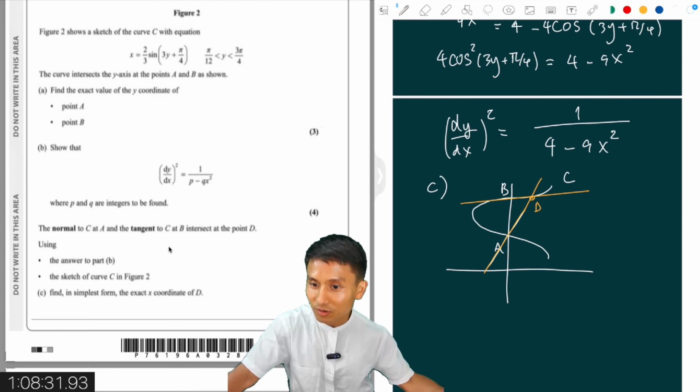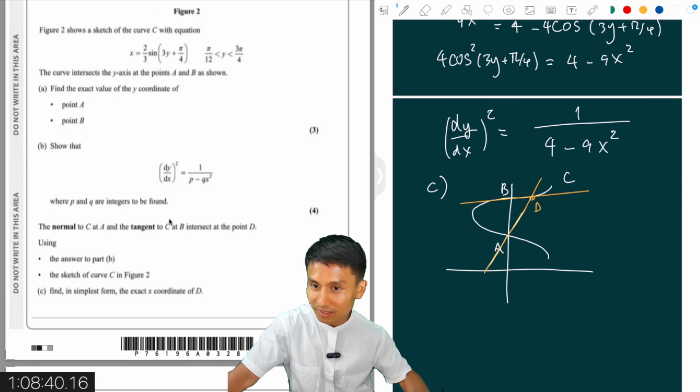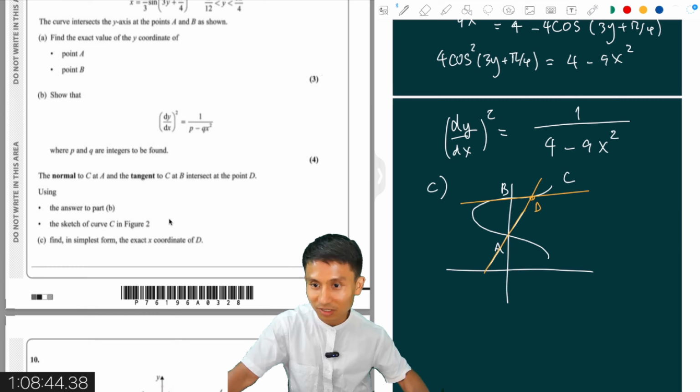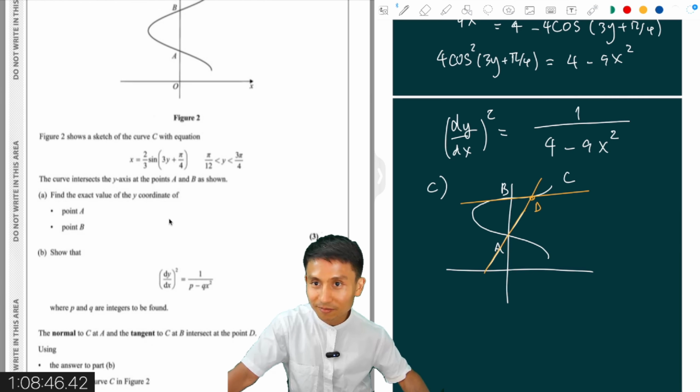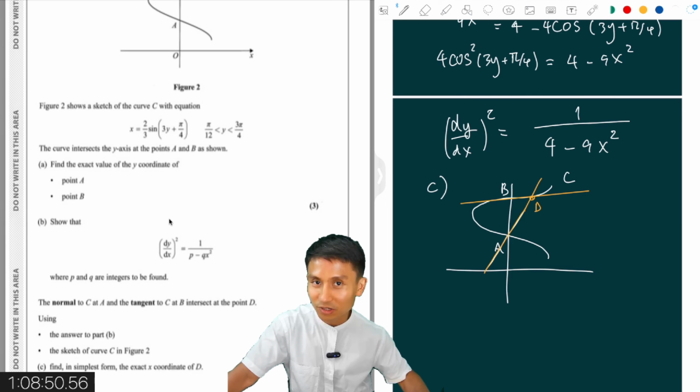Okay, so what do we do? They say using the answer to part B. That's dy by dx squared, so that's going to give us the gradient. Okay, we'll use it. I'm just checking which one is the quickest way to do this.